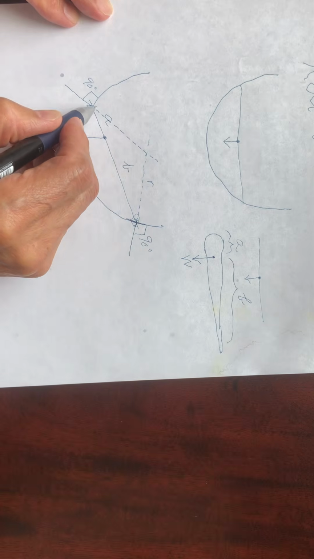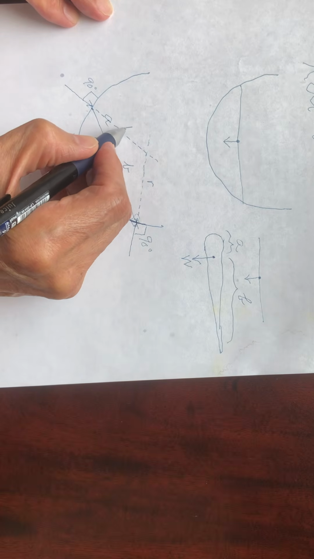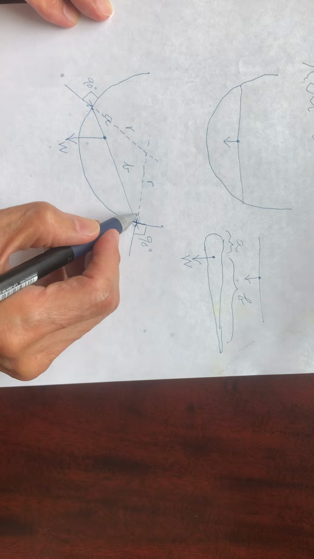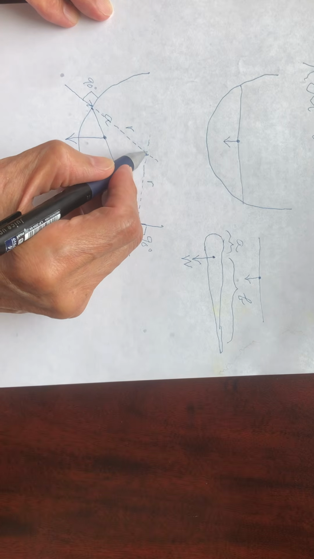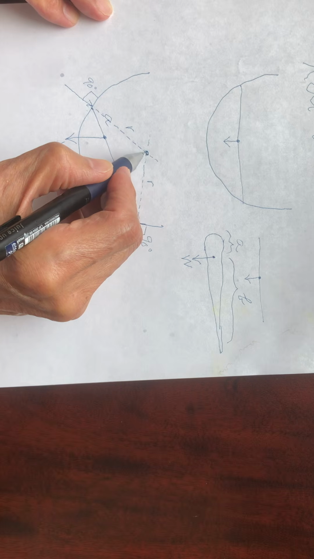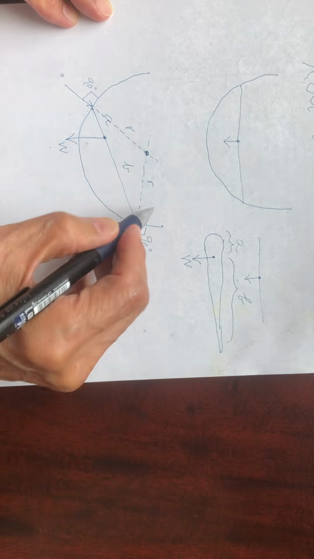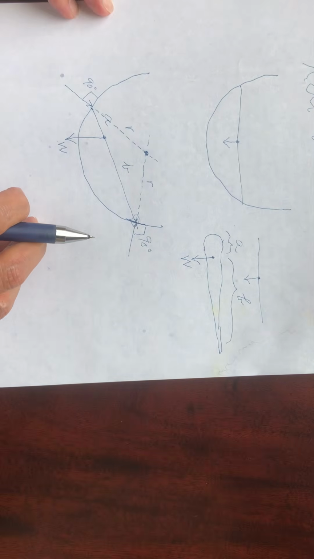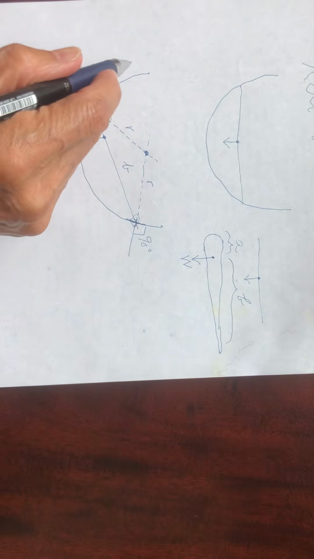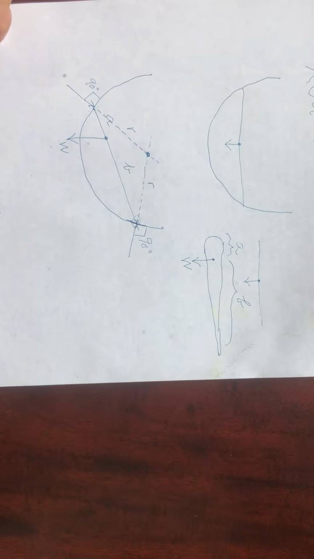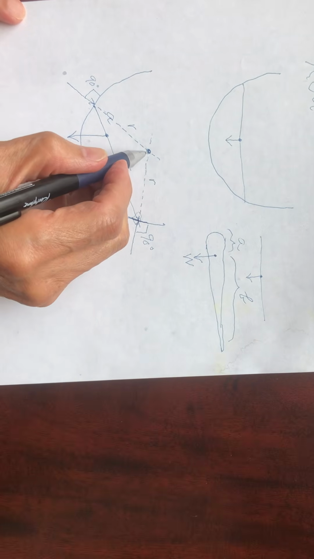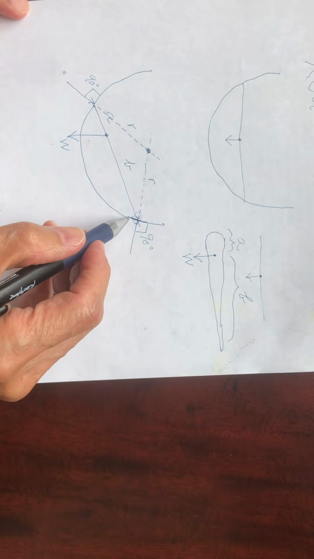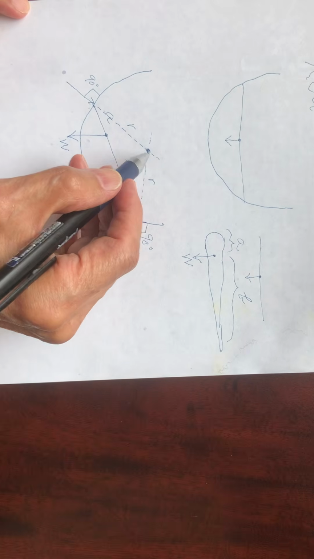And this should also be the radius. Therefore, the two radii will intersect at the center of the ball. The ball is a sphere. So in this two-dimensional drawing, this should be the center of the circle. So radius, and the reaction.